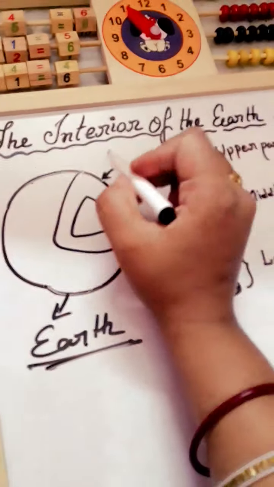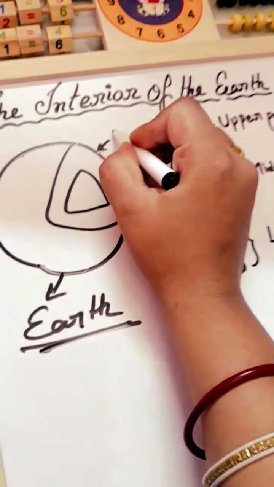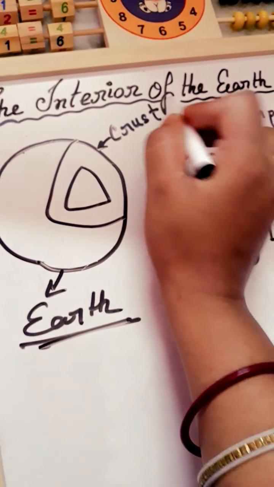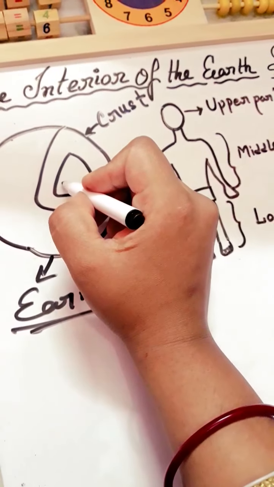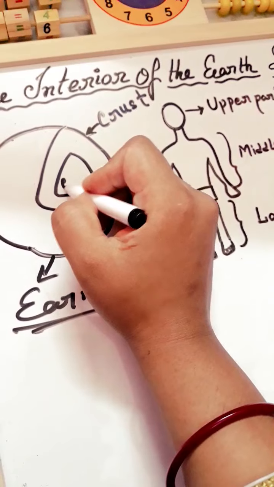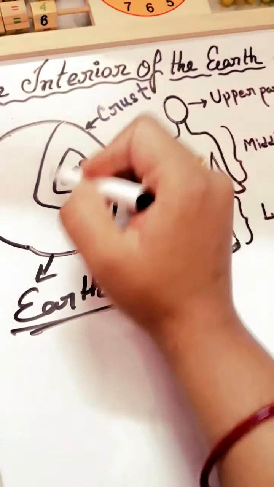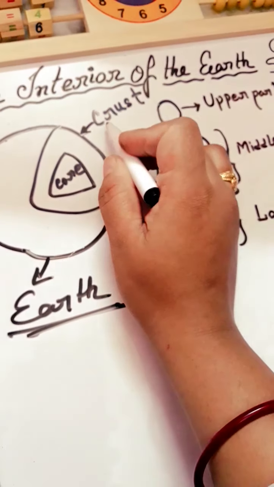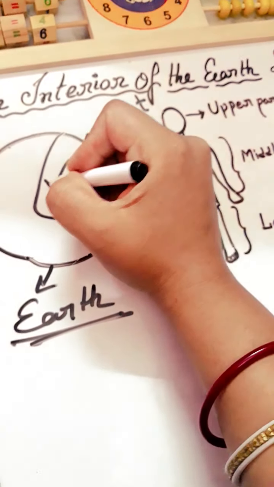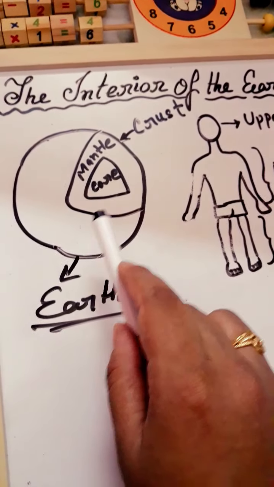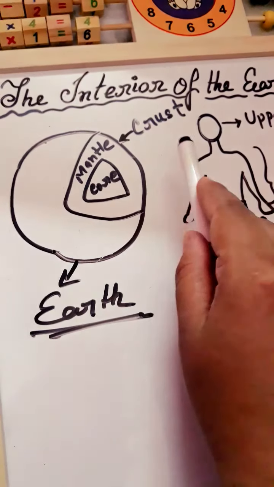Similarly, this uppermost portion is known as the crust. Then the very deep portion is known as the core, and the region between the core and crust is known as the mantle. So our earth has three different layers: core, mantle and crust.